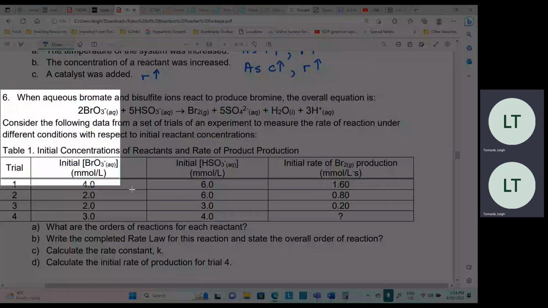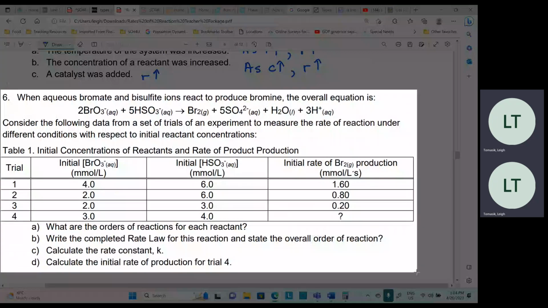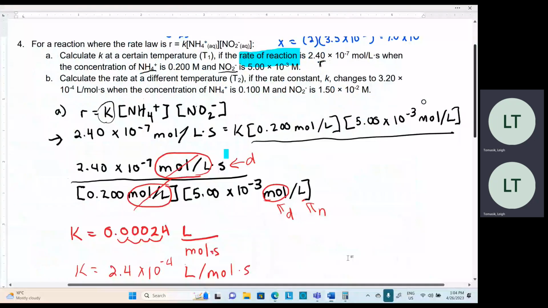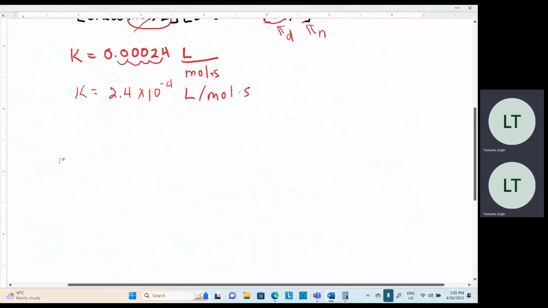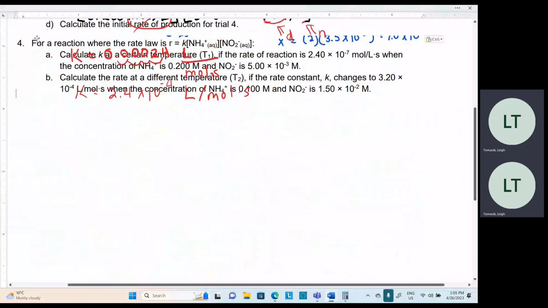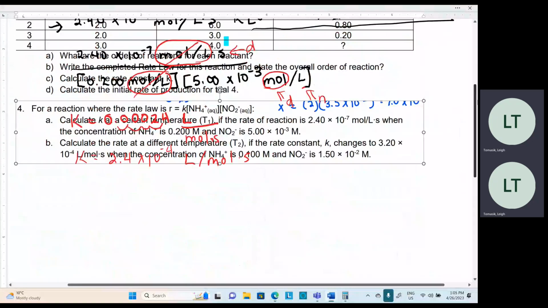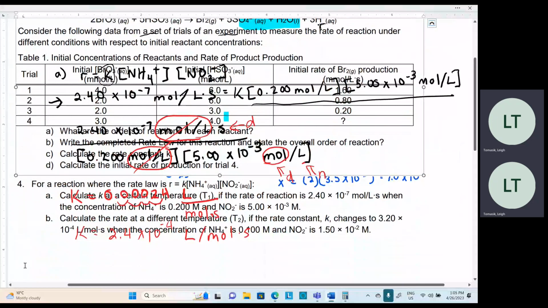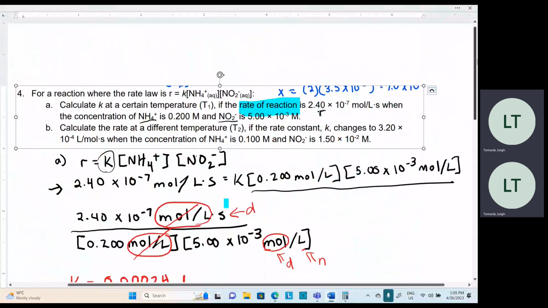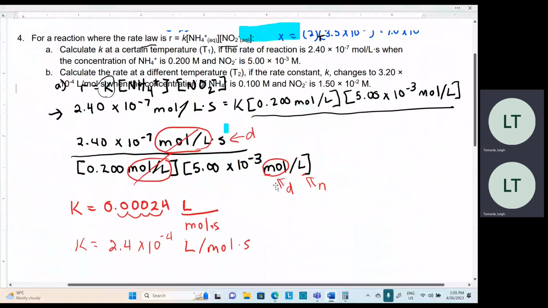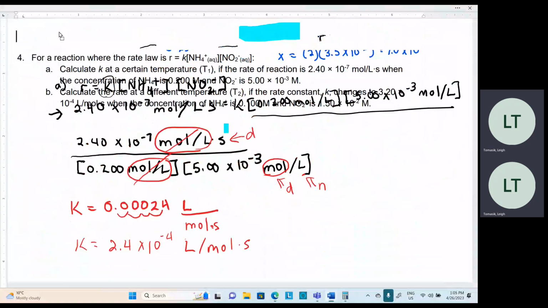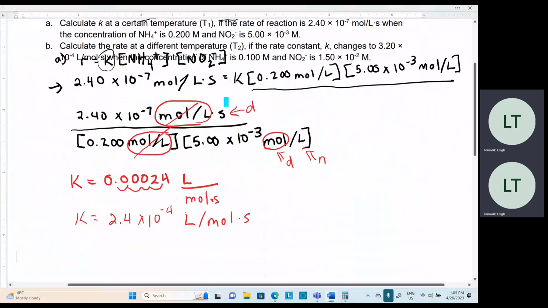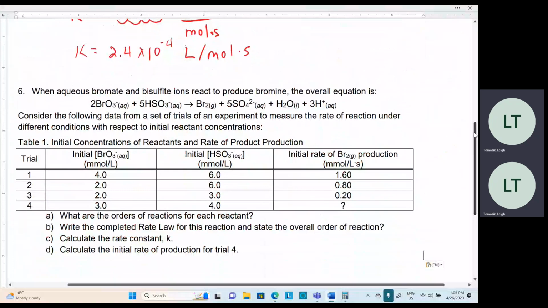When aqueous bromate and bisulfite ions react to produce bromine, the overall equation is that. Okay, so we have this reaction.